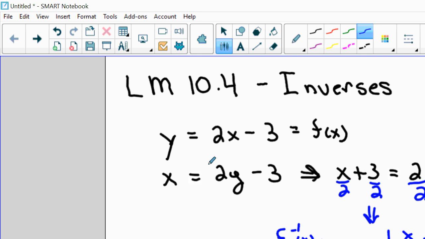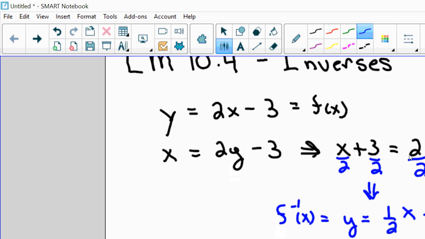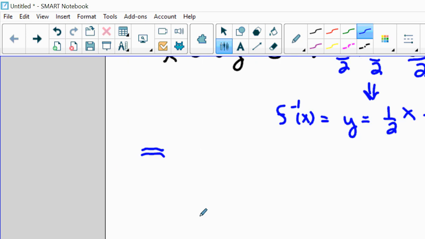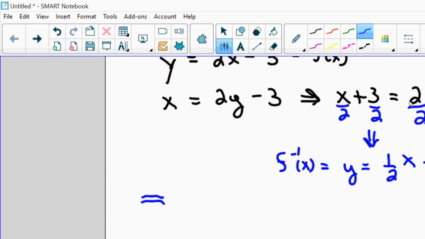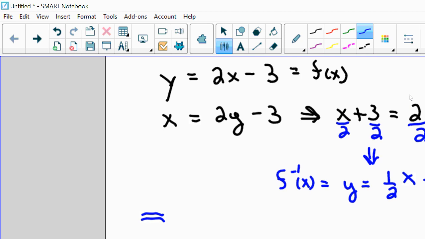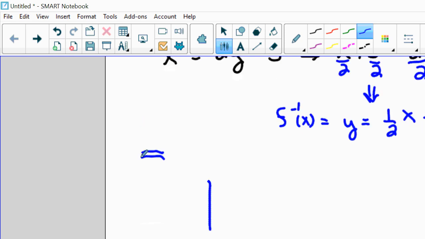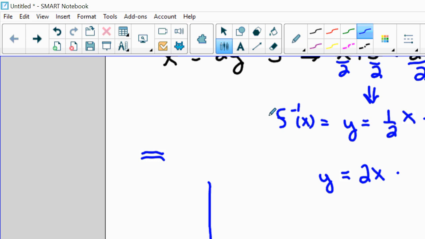Now, I'm going to choose an alternative way to regenerate this. First, I would like to graph the original function. Was it minus 3? Minus 3. Y-intercept, negative 3. Up 2 over 1. Up 2 over 1.